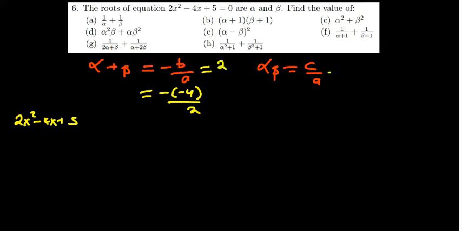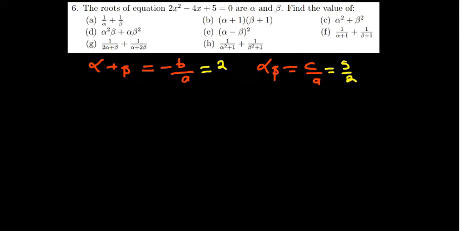Our c is 5, our a is 2. So therefore our alpha beta is 5 over 2. So that's it. So alpha plus beta is negative b over a. Alpha beta is c over a.